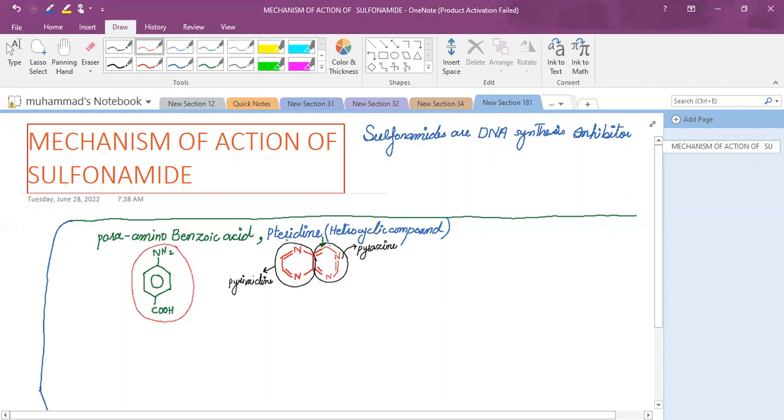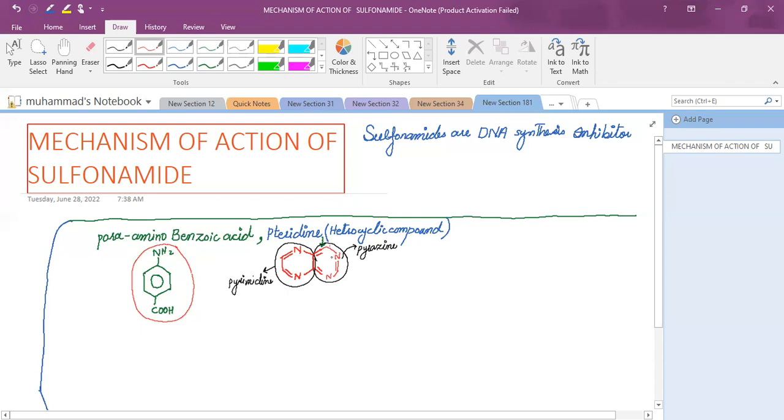Para-aminobenzoic acid and pteridine. Pteridine is basically a heterocyclic compound, and it is made up of two fused rings. One ring is a pyrimidine ring and the other one is a pyrazine ring.